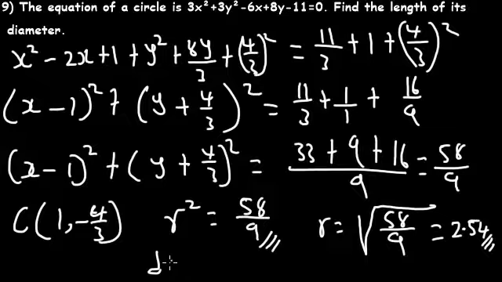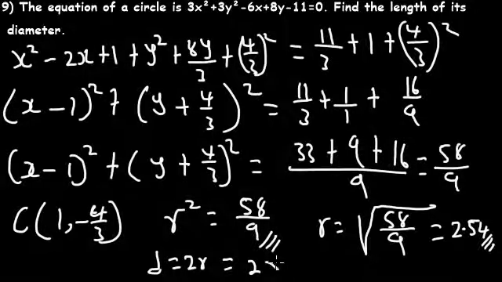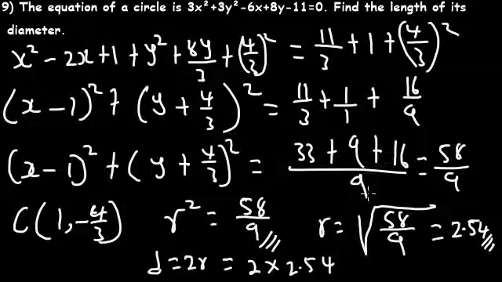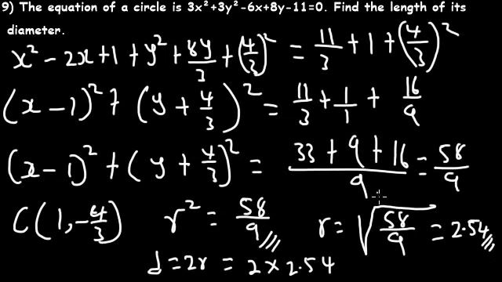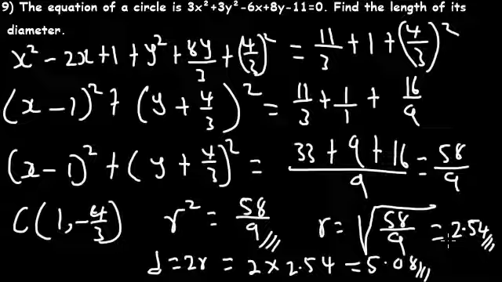And we said diameter is equal to 2 radii, definitely that will be 2 times 2.54, which gives 5.08 in decimal. That's our diameter, the length of the diameter of the circle 3x squared plus 3y squared minus 6x plus 8y minus 11 equals 0. And that is the solution to this problem.